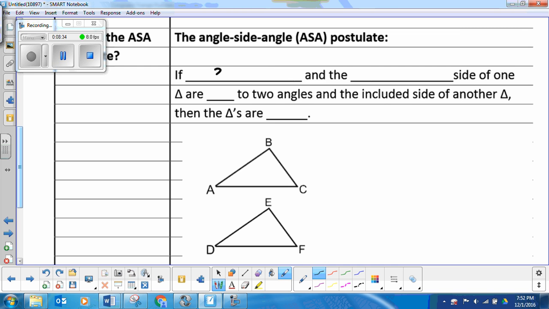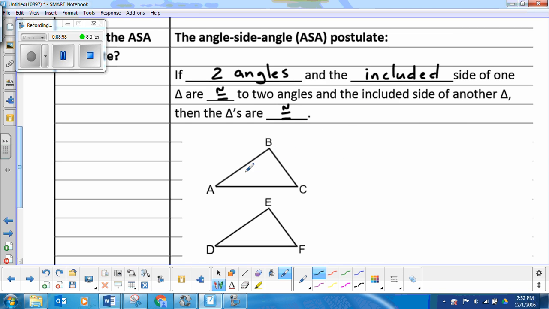We have if 2 angles and the included side of one triangle are congruent to 2 angles and the included side of another triangle, and the triangles are congruent. So just like above, we've got an included situation. Above we had 2 sides with an included angle.